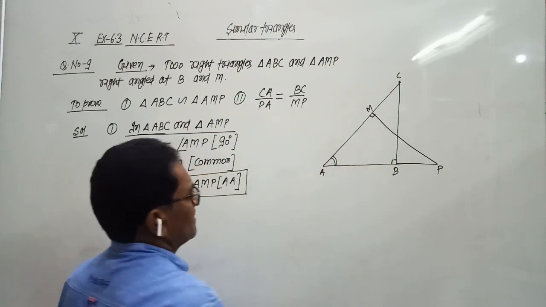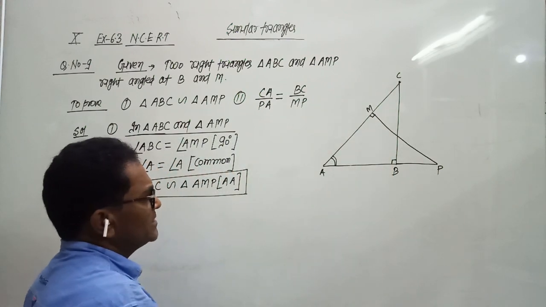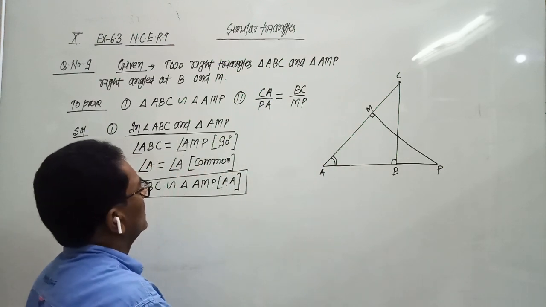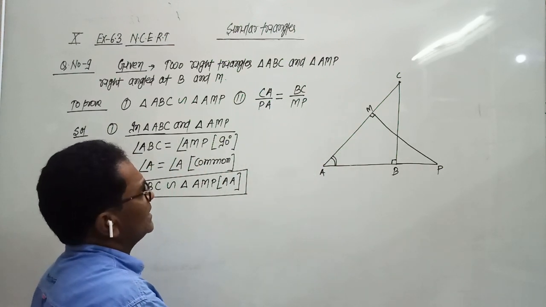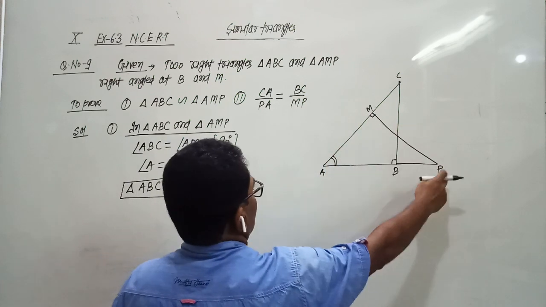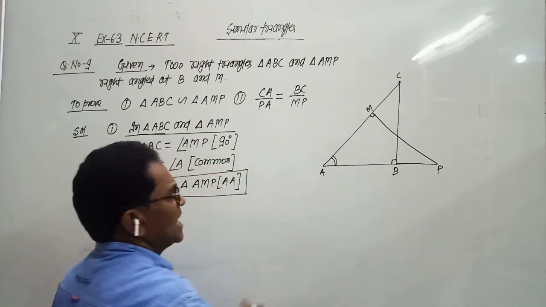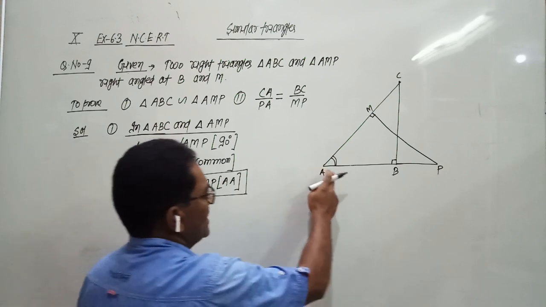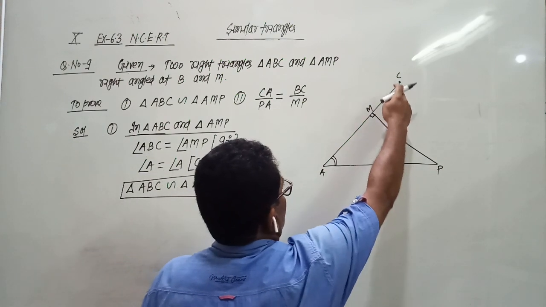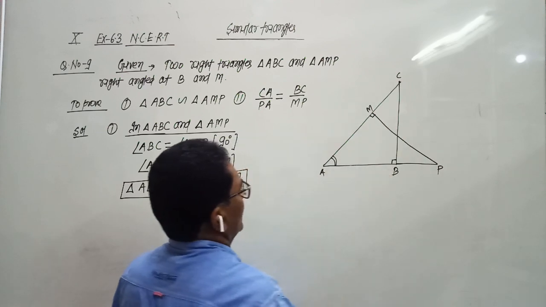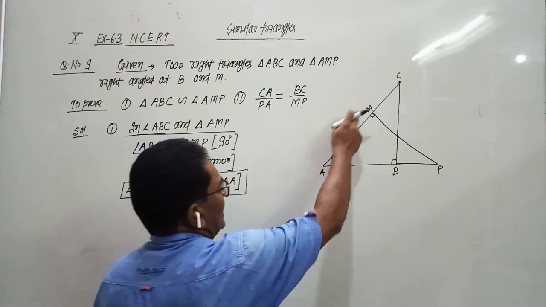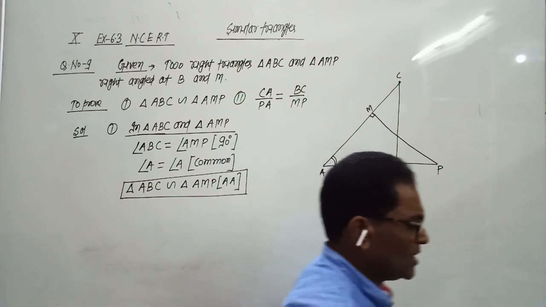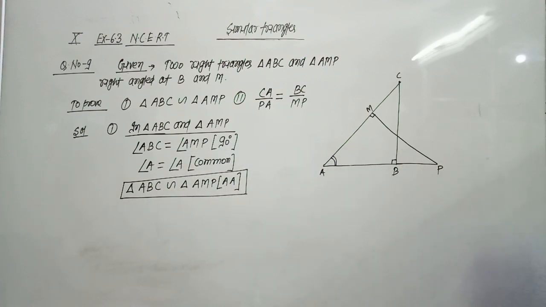In triangle ABC, CA is the hypotenuse, and in triangle AMP, PA is the hypotenuse. In triangle ABC, BC is the perpendicular, and in triangle AMP, MP is the perpendicular. So their corresponding sides are proportional.